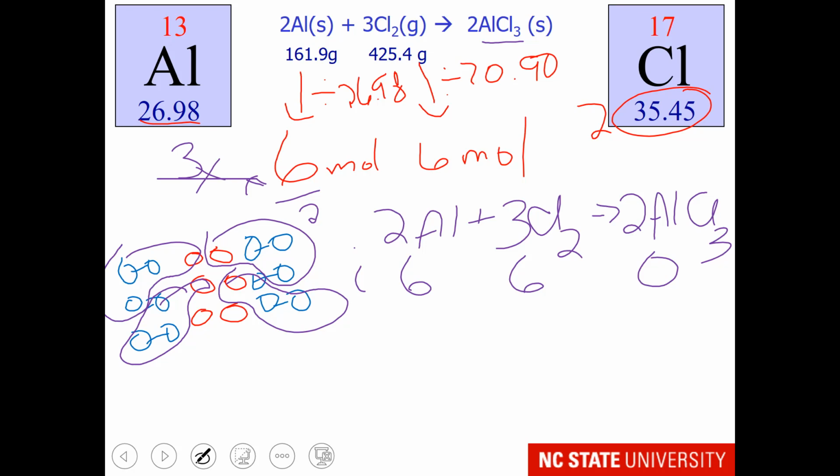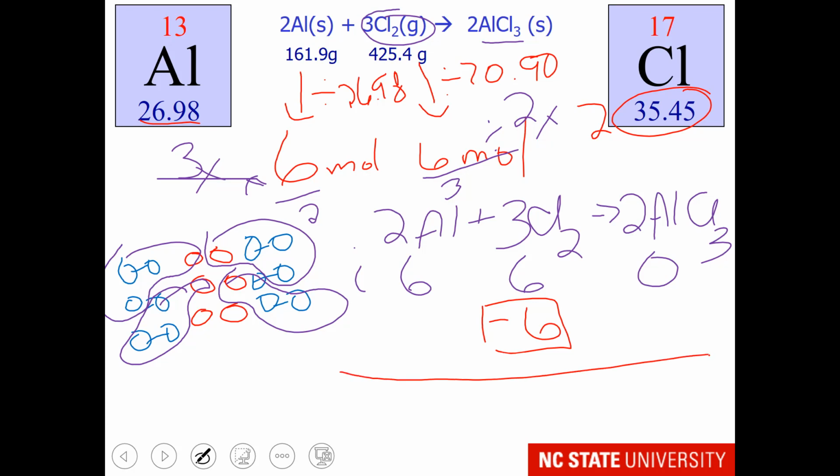For the chlorine, I have 6 moles divided by 3, so that means I can run the reaction 2 times. So chlorine is my limiting reactant. So what I'm going to do is subtract 6.